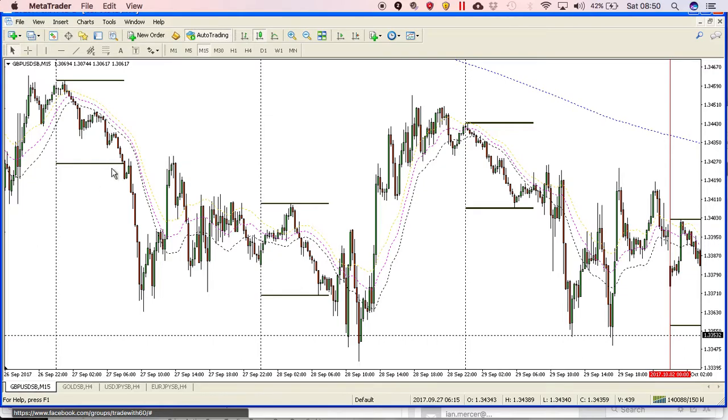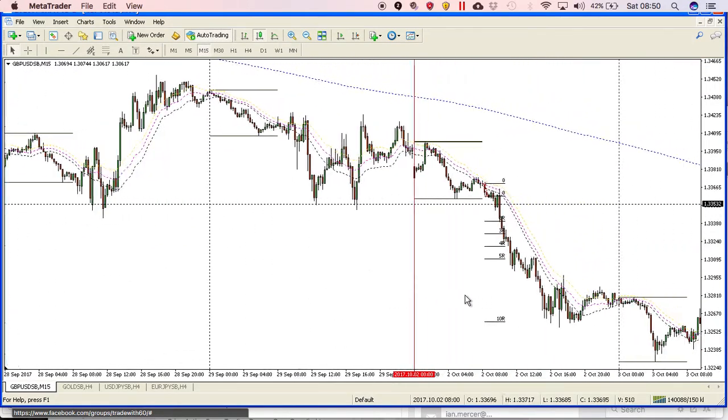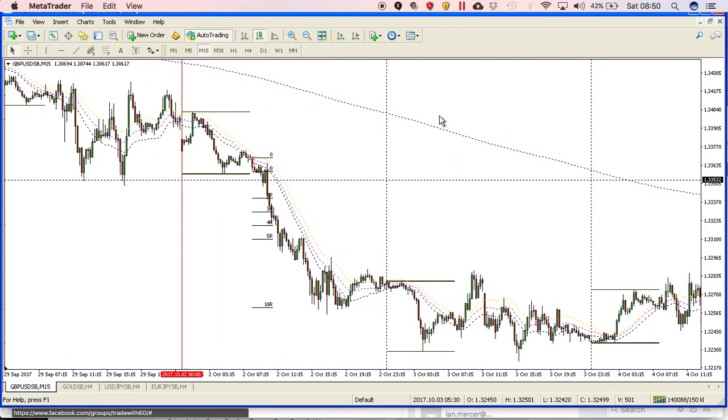So I waited for price to cross over the 20 period moving averages and pull back, and then I incorporated that 10R money management, and it made more profit without the higher time frame direction filter. So it just reinforces the point that it's not important.